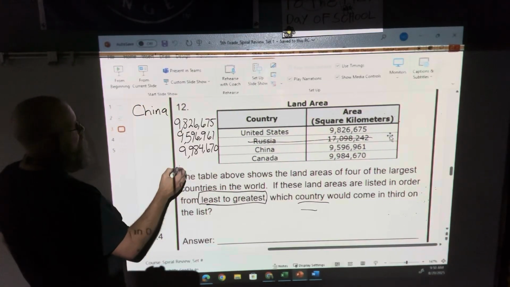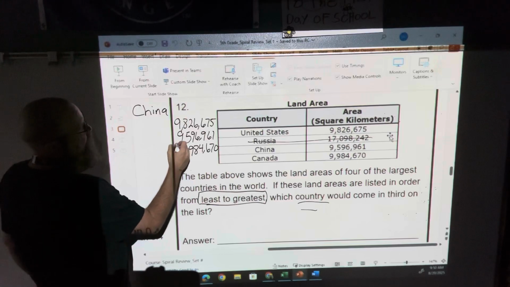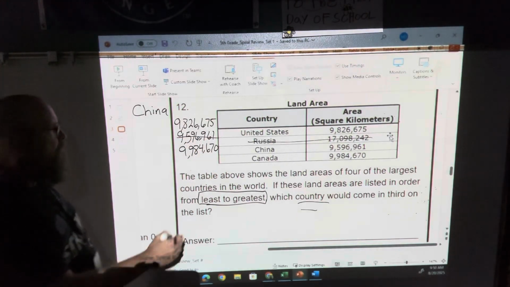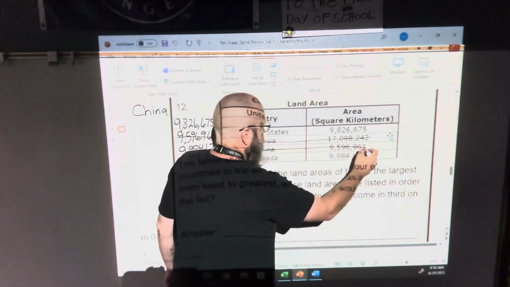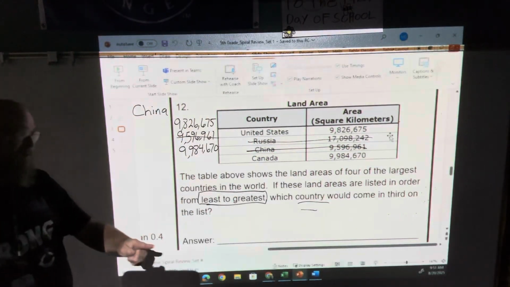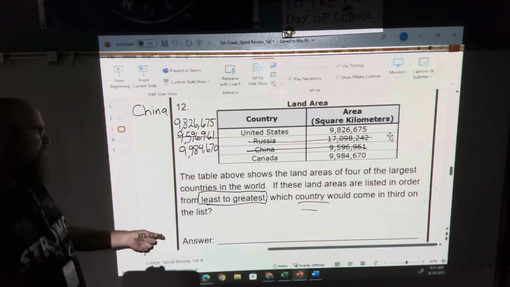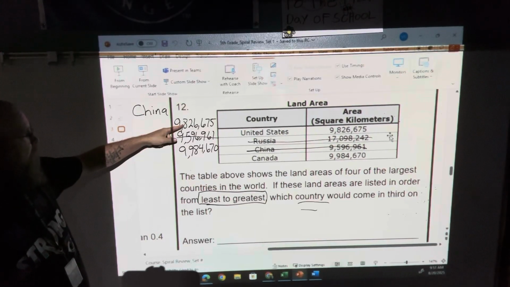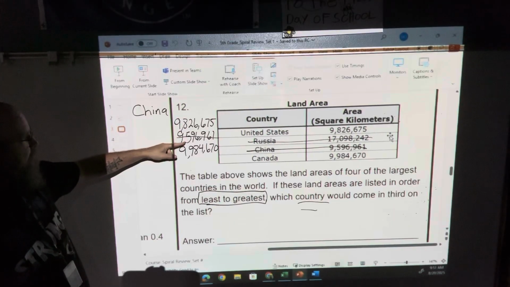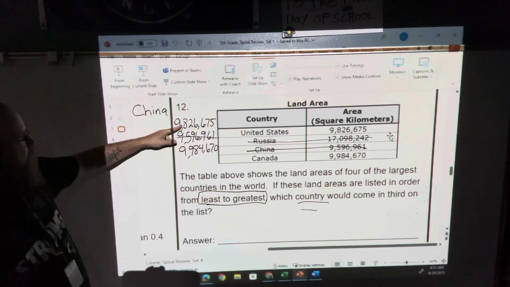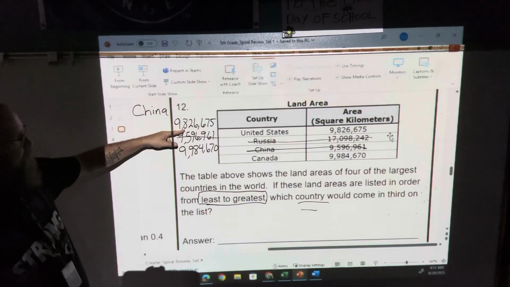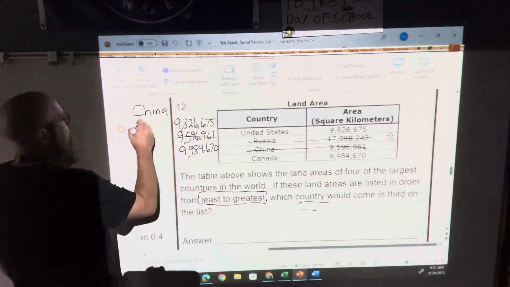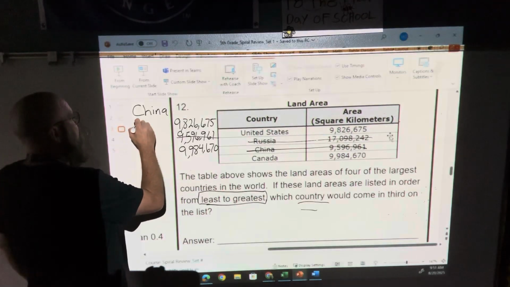So China is the smallest. It's got the 5 in the 100,000s, so we cross that off. Next, in the 100,000s we have an 8 and a 9. So the one with the 8 in the 100,000s place is going to be the next one. That would be United States.